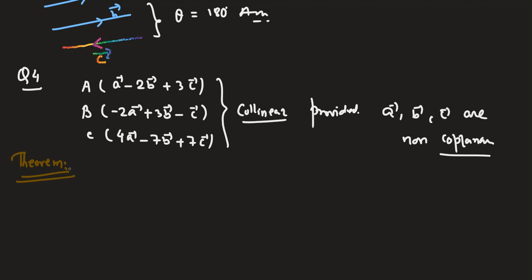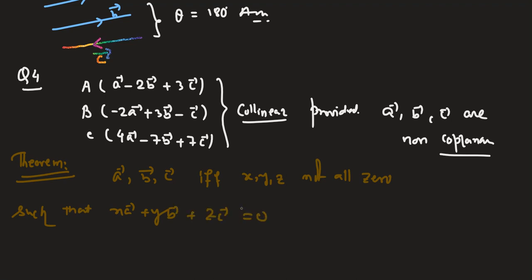This theorem says that if 3 points are there with their position vectors A, B, C, they will be collinear if and only if we are able to find the scalars x, y and z, not all zero, such that xa plus yb plus zc is equal to 0, where x plus y plus z is equal to 0.